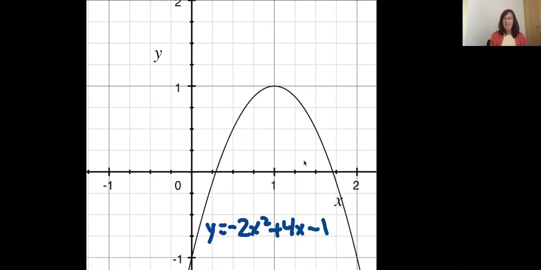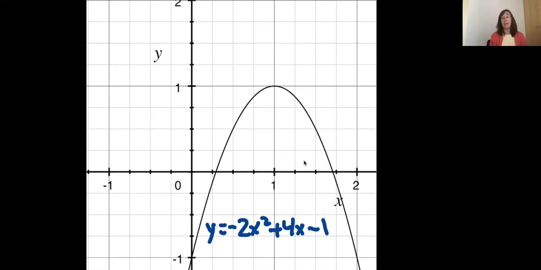Okay, that doesn't look like a great candidate for guess and check factoring to me. I'm not really enthused about starting to just randomly guess here. The other thing you might notice is, yes, it's crossing the x-axis at 2 points, but they don't look like nice whole numbers. What could we do if we wanted to find out what those points were?